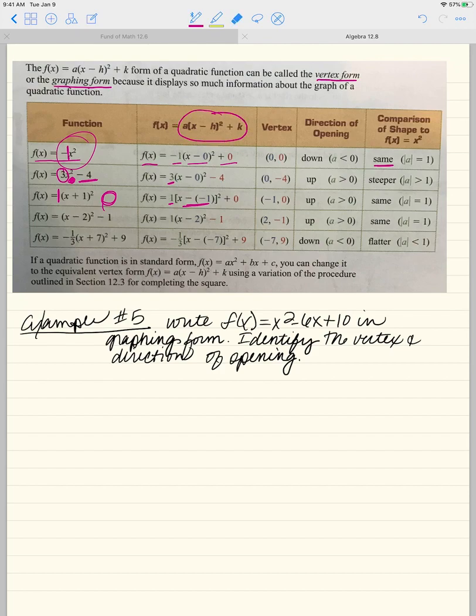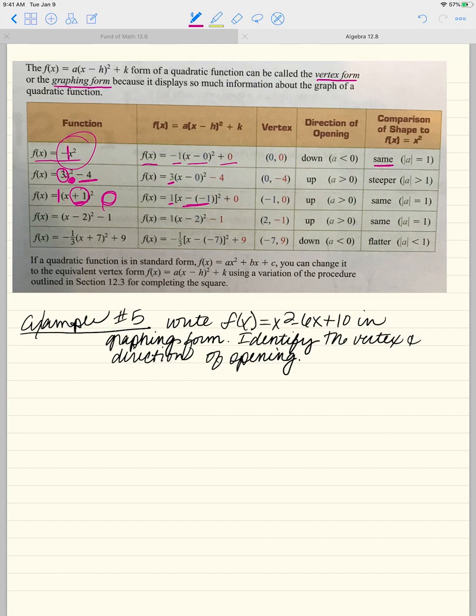So x minus -1 is the same as adding 1. Remember, subtraction is adding the opposite. So x minus -1 is the same as this plus 1 right here. That's squared, and we have plus 0 because there is no k. Our vertex is at -1, 0.